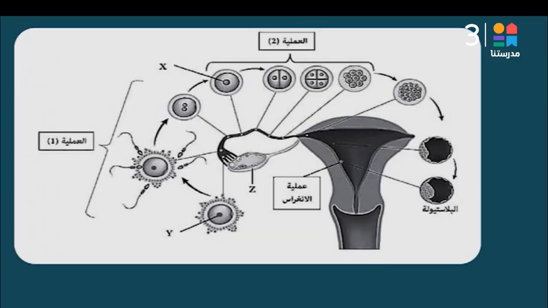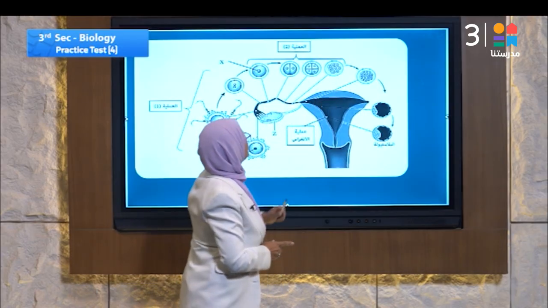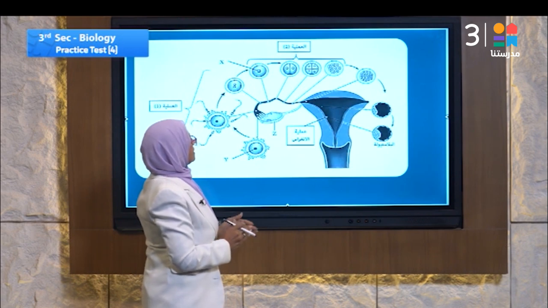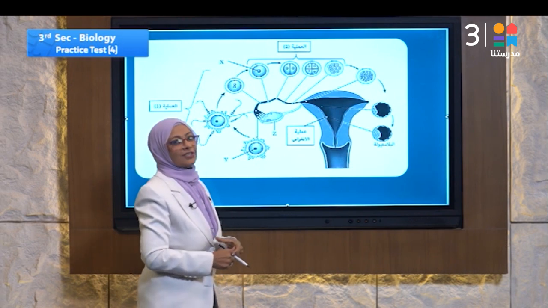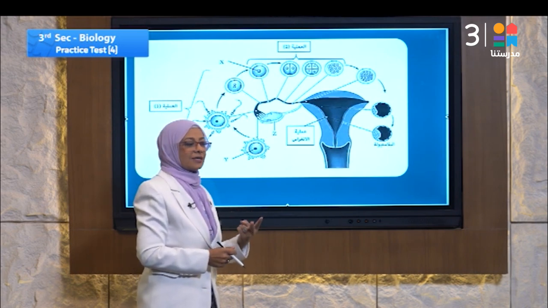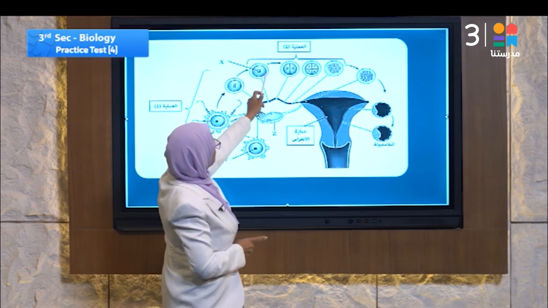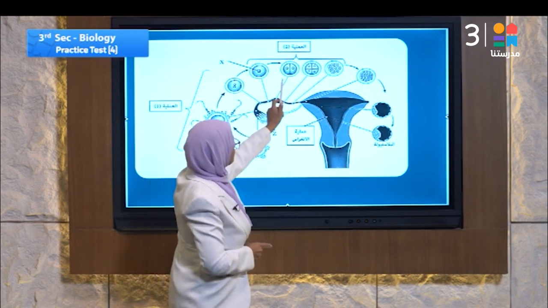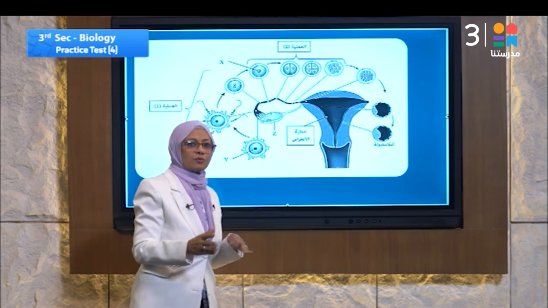Process 2 starts here from X and ends by the cleavage. I see here a mitotic division. A mitotic division occurs in one cell to produce two cells that contain the same number of chromosomes.